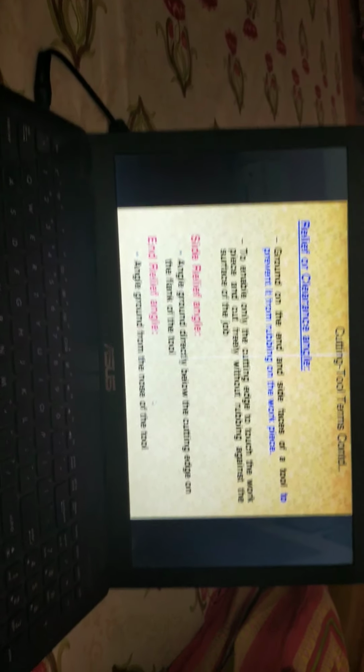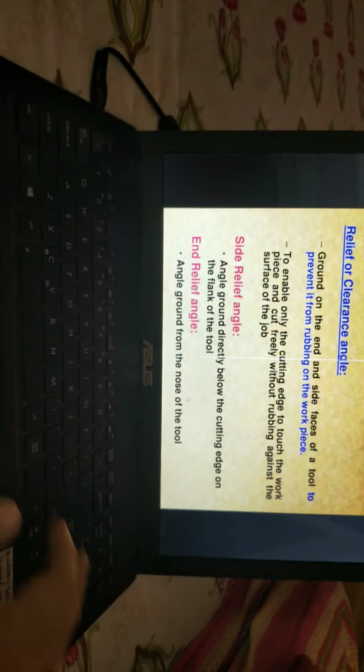One is the side relief angle, on the side edge, and the other is the end relief angle, in the front view. We will go to the figure again to see in which view you will see these angles.